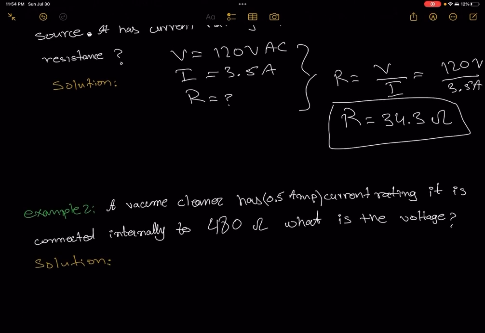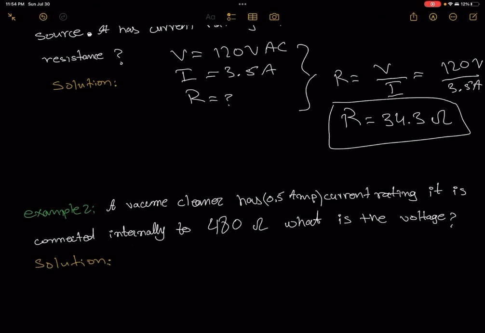Example 2. A vacuum cleaner has a 0.5 amp current rating, or half amp rating. It is connected internally to 480 ohms. What is the voltage supply?